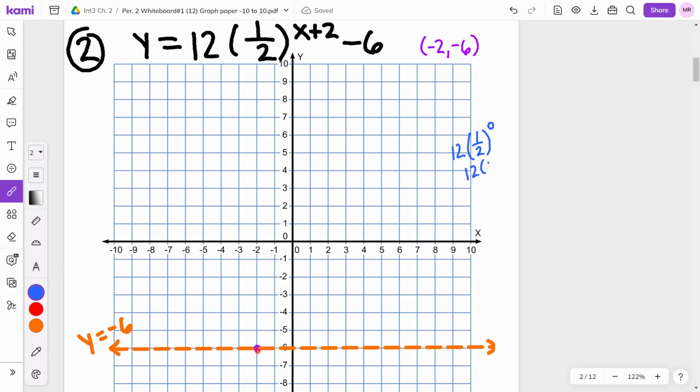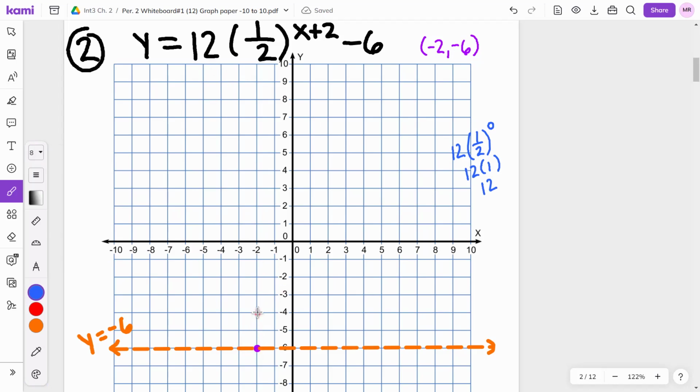So I get 12 times 1, which is going to give me 12. So every time I'm doing this, this base to the power 0 is going to be giving me a 1 times my stretch. So that's why this A, this initial value, is going to be the starting height above my asymptote. So I'm going to be starting 12 above.